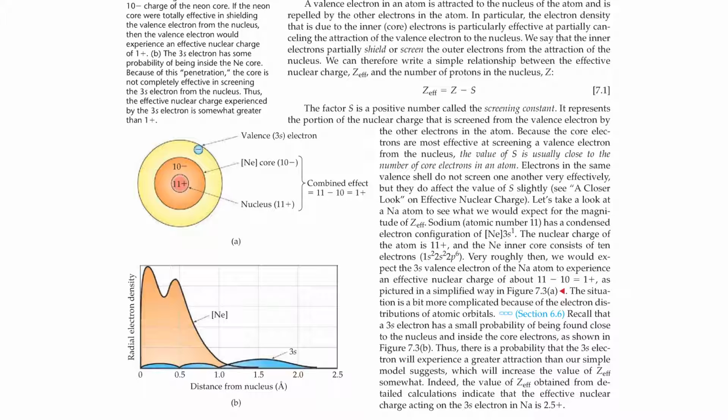The nuclear charge of the atom is positive 11, and the neon inner core consists of 10 electrons, 1s2, 2s2, 2p6. Very roughly then, we would expect the 3s valence electron of the sodium atom to experience an effective nuclear charge of about positive 1, as pictured in a simple way in Figure 7.3a.